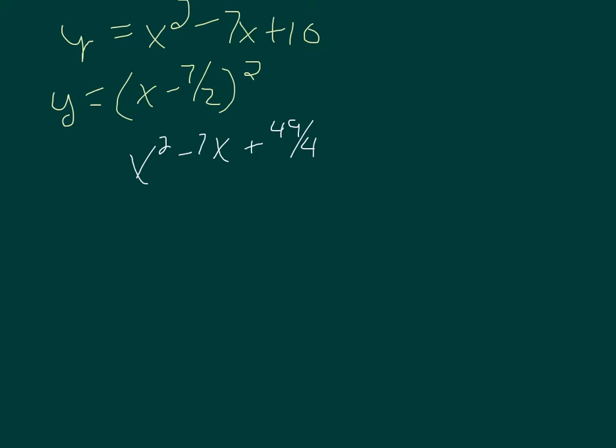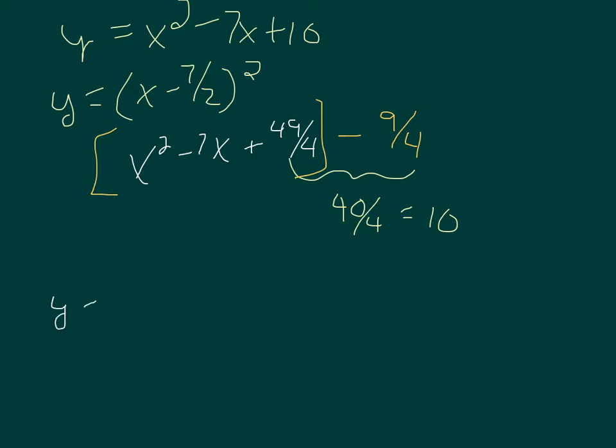I need to subtract 9 over 4, and this term here will give me 40 over 4, which is the 10 I'm looking for. But when I bracket it, this is the squared term, so I'd have to subtract off 9 over 4. So in other words, x squared minus 7x plus 10 equals x minus 7 halves squared minus 9/4.